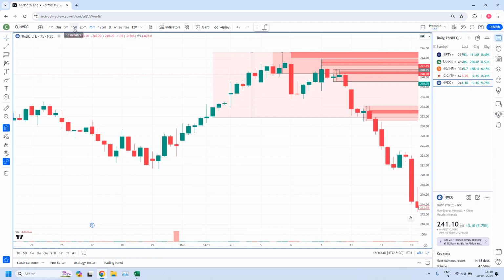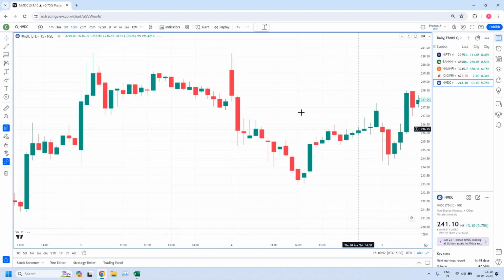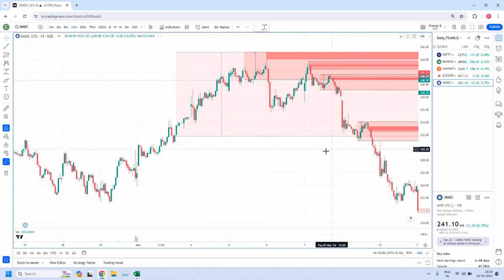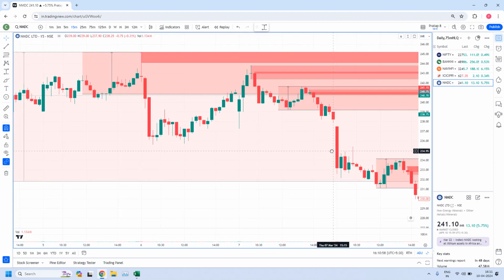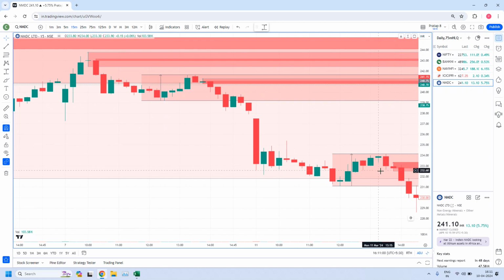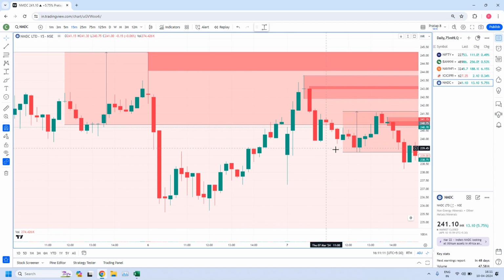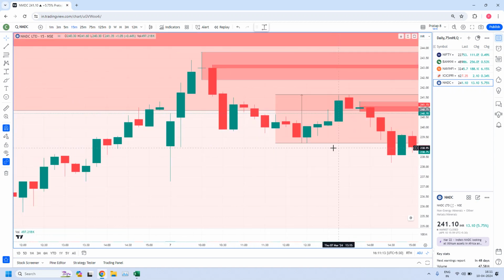Now let's get into the 15 minutes time frame. Inside these 75 minutes, we need to identify 15-minute zones. And please look into this. Here we have an excellent drop, base, drop in this 75-minute zone. And the next one is again a drop, base, drop.